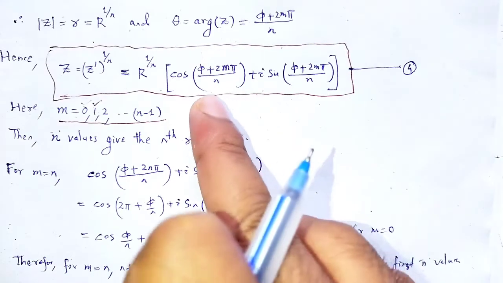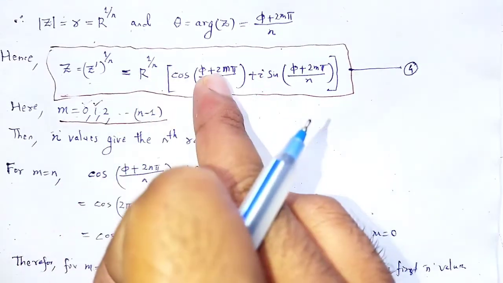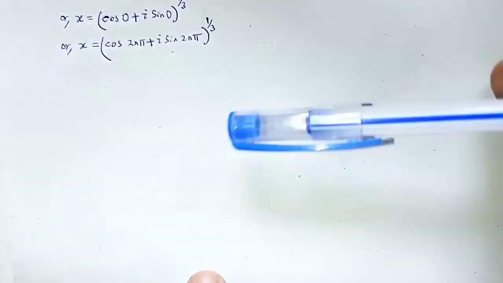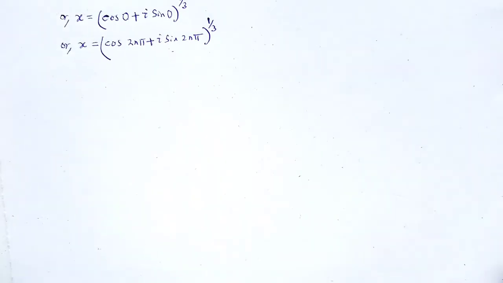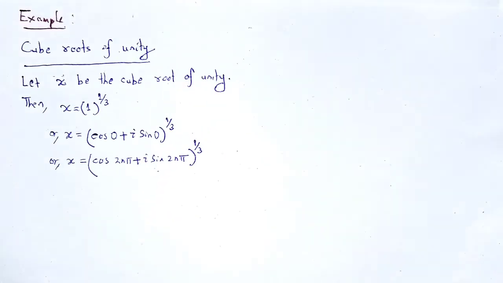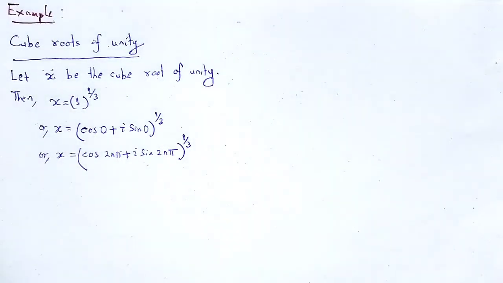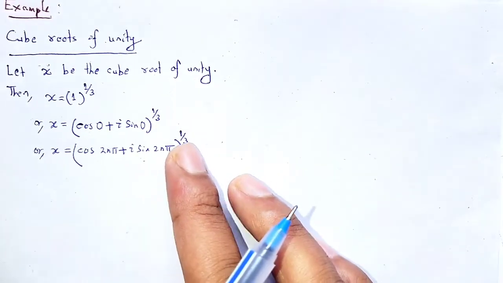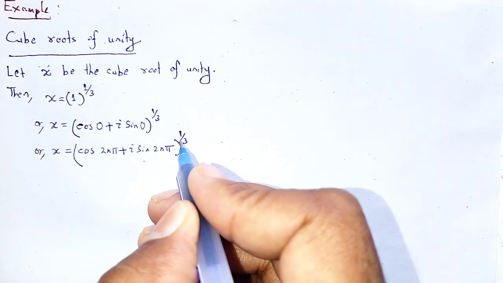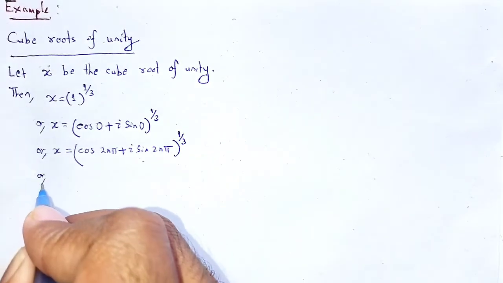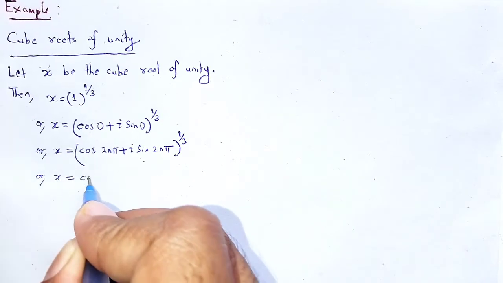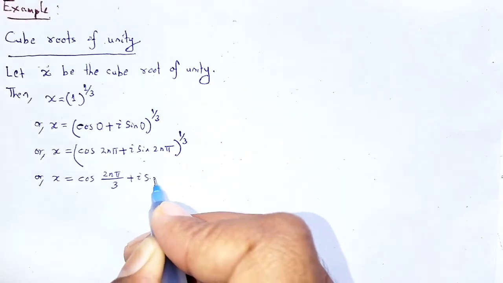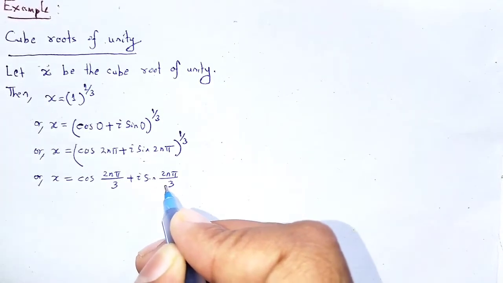I use that type of format to derive various roots of a complex number. Now, using de Moivre's theorem, the power is multiplied to the angle, so x is equal to cos 2n pi by 3 plus I sin 2n pi by 3.